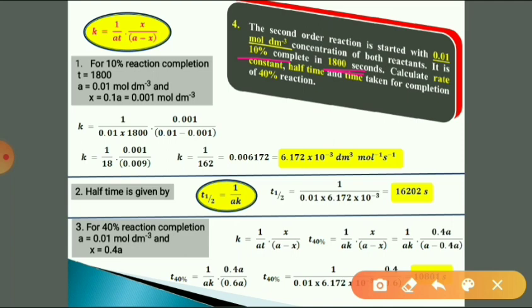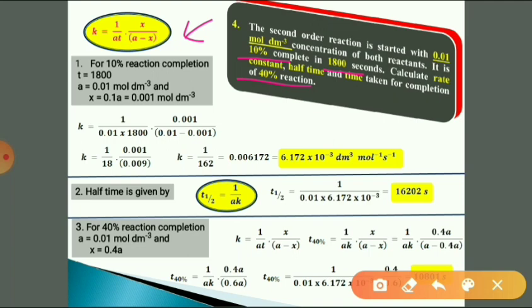By using this data, we have to calculate the rate constant, half time, and the time taken for 40% of the reaction. For that we have to consider the integrated rate equation for the second order reaction, that is k equal to 1 upon at into x upon a minus x.